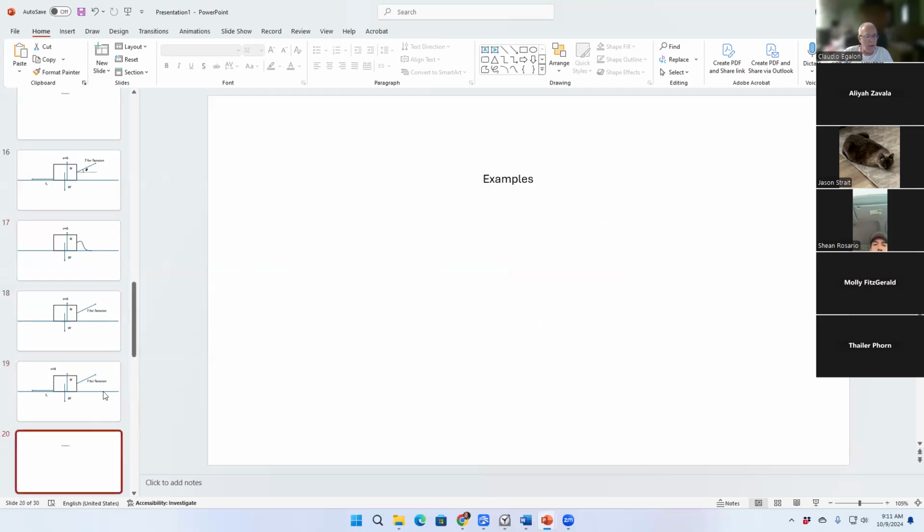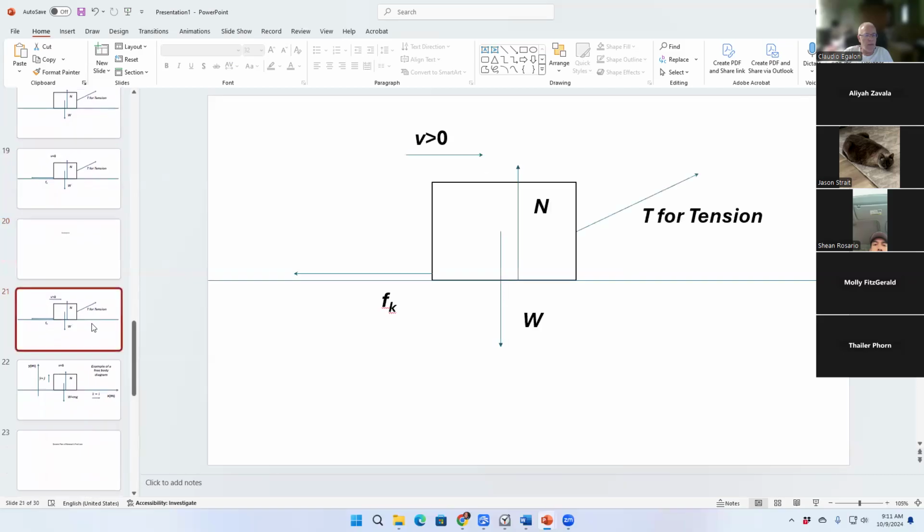But now, in this new example, I inverted the direction.